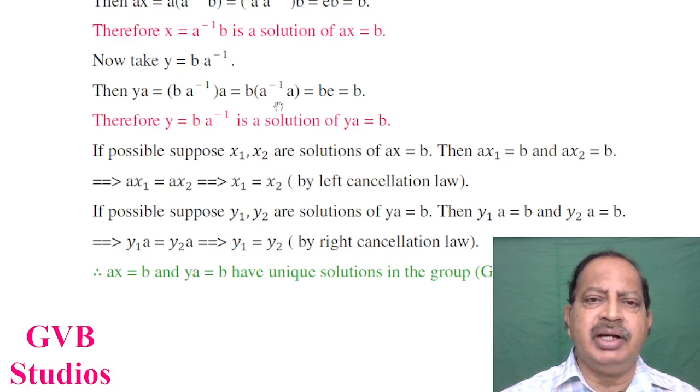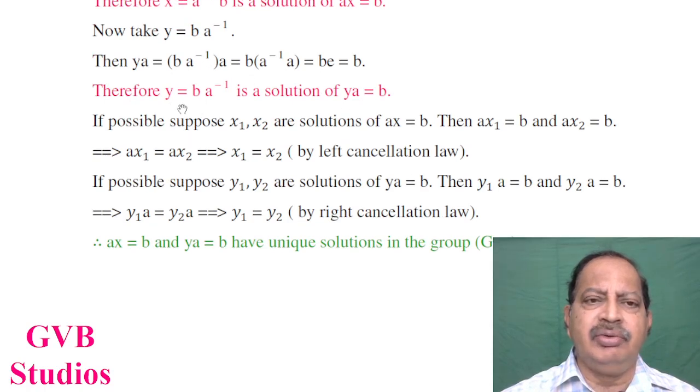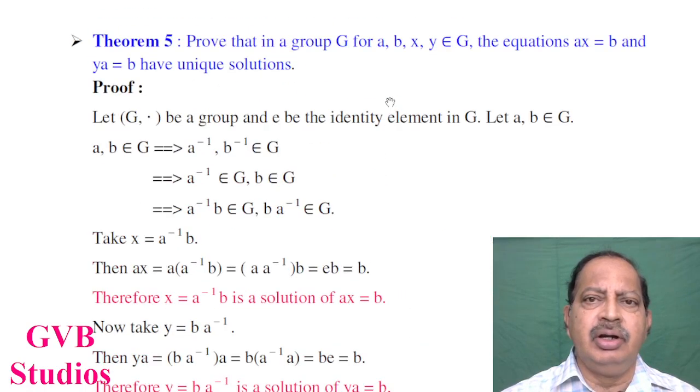So this is b (a inverse a). This becomes e, so this is be, and be is equal to b. Thus ya equal to b has a solution, and what is the solution? b a inverse. Therefore y equal to b a inverse is a solution of the equation ya equal to b.